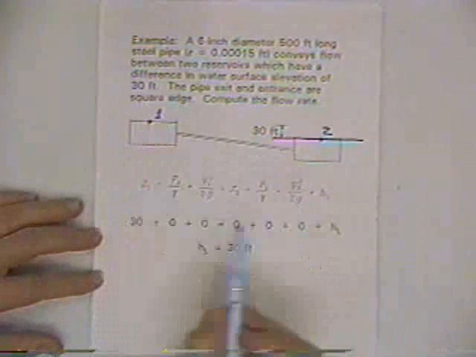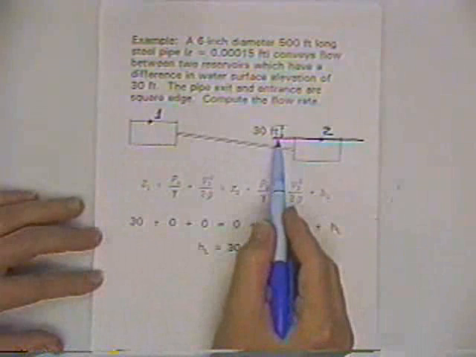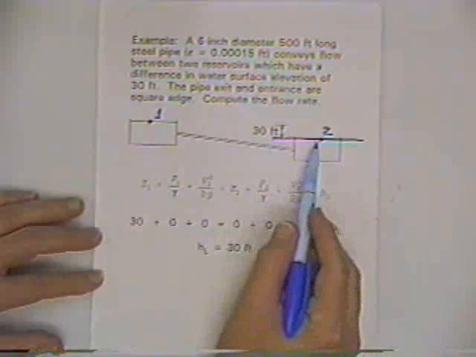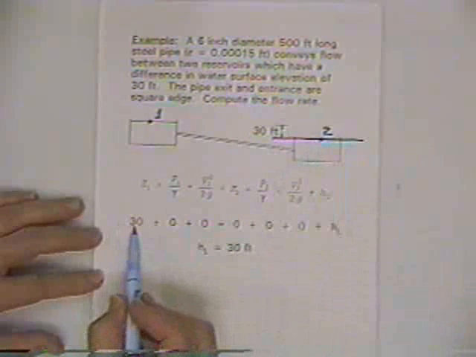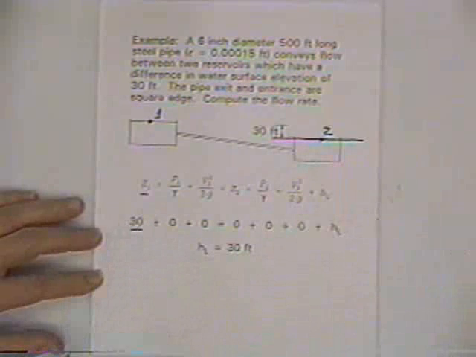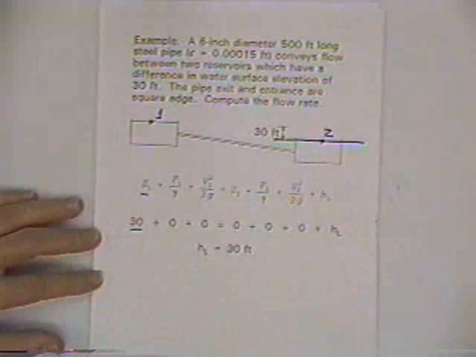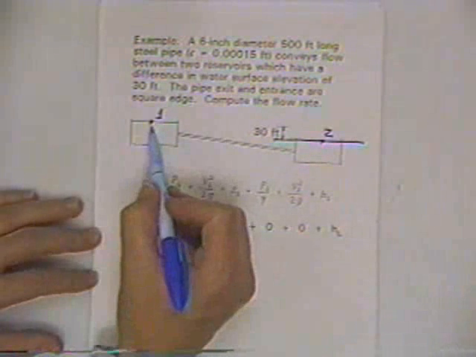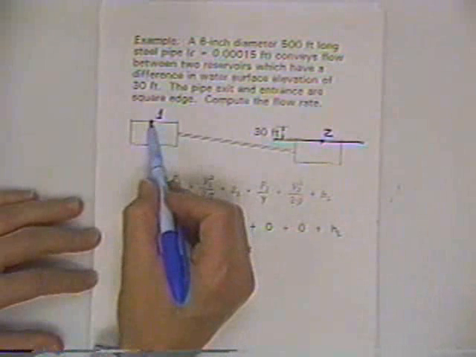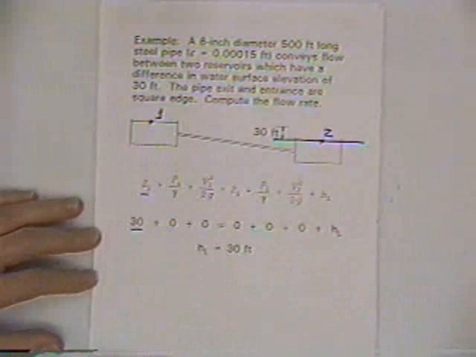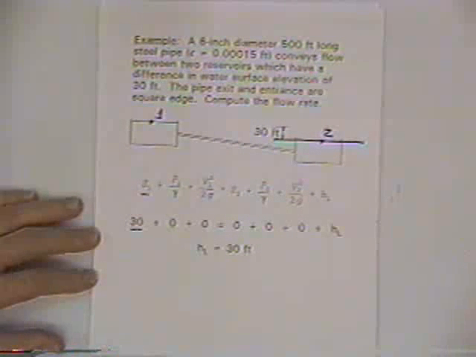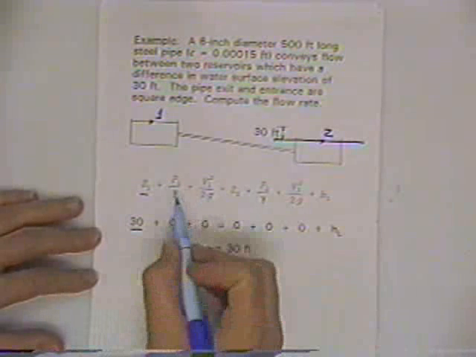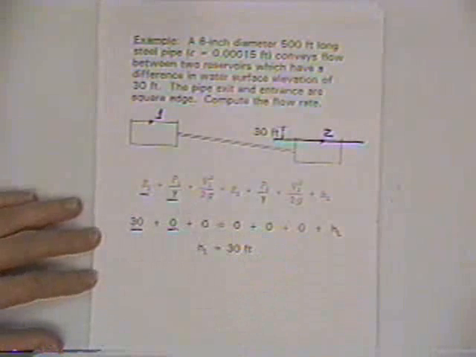At point 1, the elevation head, well, the problem statement says it's 30 feet above the water surface here, so we've got Z1 of 30 feet. Now, what about the pressure head? The reason I didn't just arbitrarily pick a point, I picked it on the water surface on purpose, because I know the pressure there. It's 0, because I choose to use gauge pressure, and that means atmospheric pressure is 0. That takes care of that term for me.